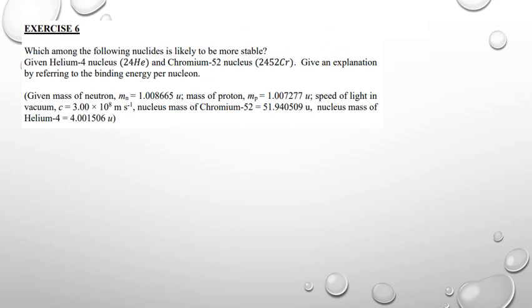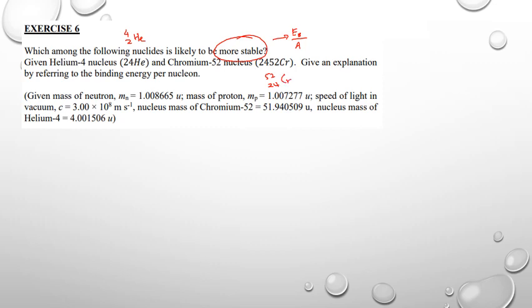Exercise 6. Which among the following nuclei is likely to be more stable? Once again, if the question is asking about stability, then it is asking for EB over A. Given helium 4 nucleus, so it should be 4,2He, and chromium 52 nucleus, which is 52,24Cr.